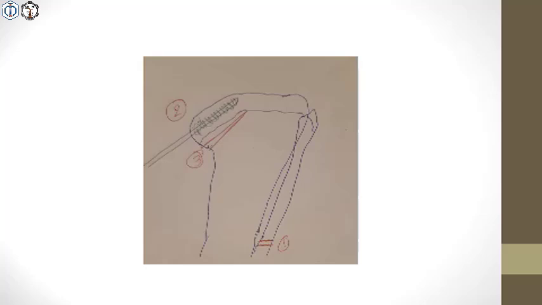Step number two is doing a vertical incision of about 7 centimeters exposing the medial tibial condyle. It has to be planned, and we have to know the places of the half-threaded pins we are going to insert, because these pins are going to move from that very oblique position into a horizontal one.